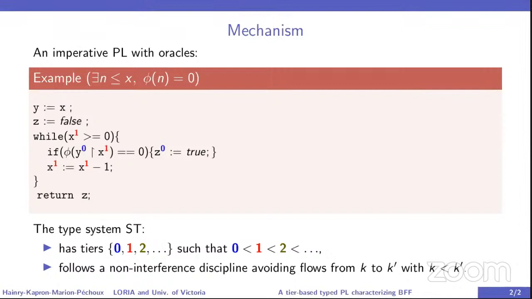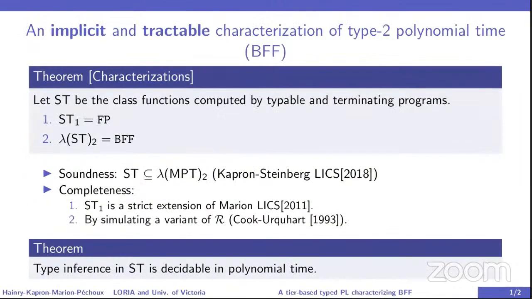And there's a non-interference constraint, which says data cannot go up in the tiers. It can only go from tier, let's say 1, to tier 0, but not the other way around.